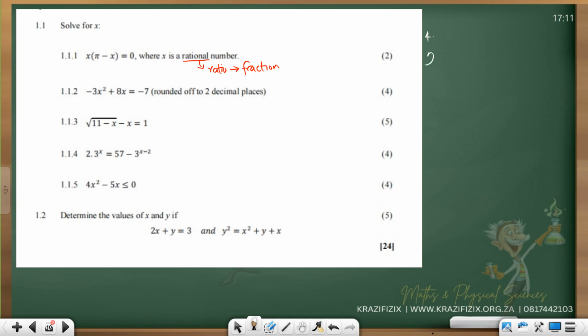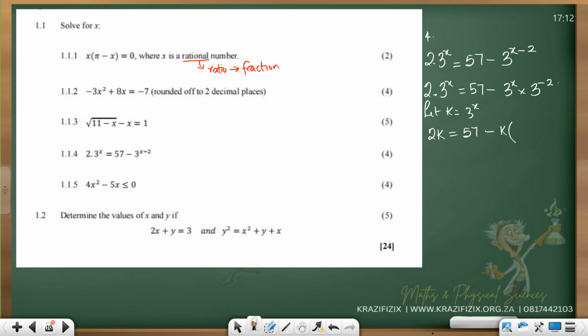Number 4. 2 multiplied by 3 to the power x equals 57 minus 3 to the power x minus 2. Okay, what would I do? Before I bring in my k, I would say 57 times 3 to the power negative 2. Let k be 3 to the power x, so this is 2k, 57. Now, what is 3 to the power 2?